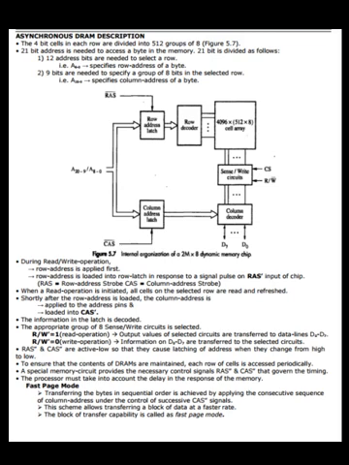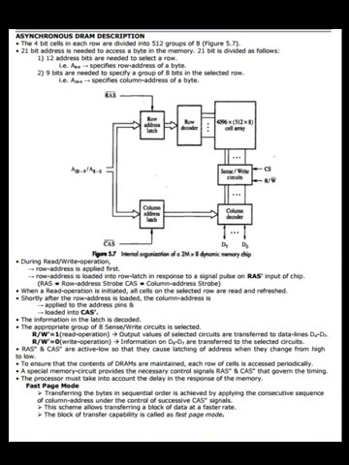Read or write equal to 1 is a read operation. Output values of the selected circuits are transferred to data lines D0 to D7. Read or write equal to 0 is a write operation, in which information on D0 to D7 is transferred to the selected circuits.